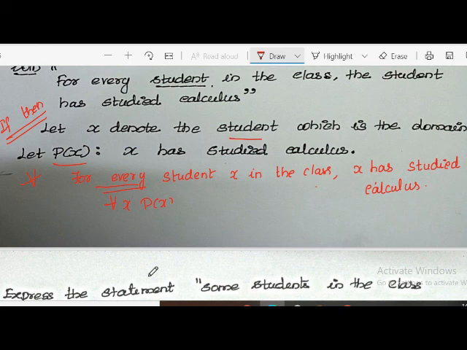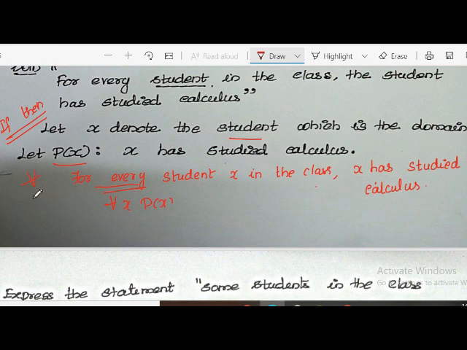So I can say that I can apply the conditional statement. Now I am going to apply the conditional statement. How can we apply that? If he is a student in the class, then he has studied calculus. If he is not a student in the class, he may not have studied calculus. So I am going to rewrite the statement as the conditional statement. So for every student it is true. That means all students in the class.